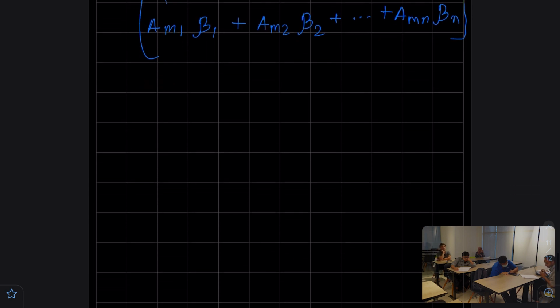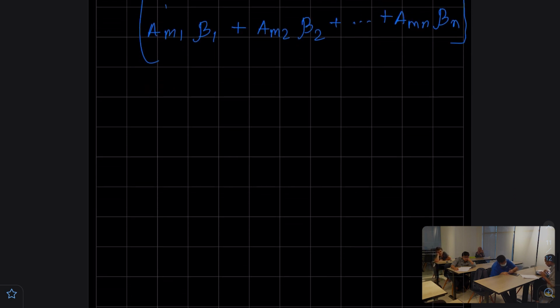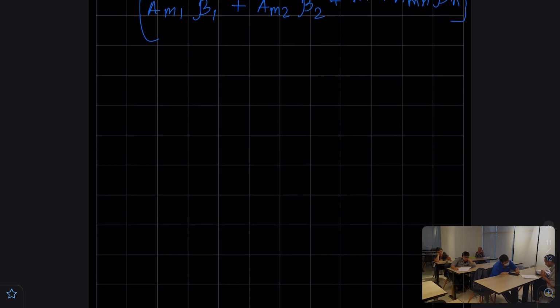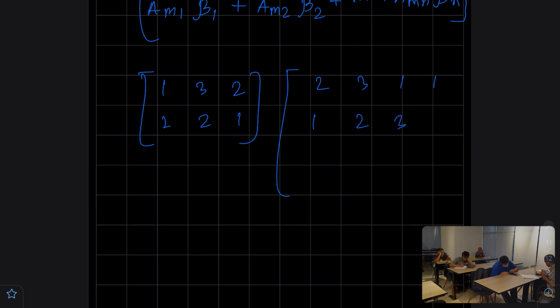So let's consider a theorem here. I'm not going to give you an example for this. You can definitely do one. Let's just consider this example: 1 3 2 2 2 1 and 2 3 1 1 1 2 3 2 2 1 2 0.